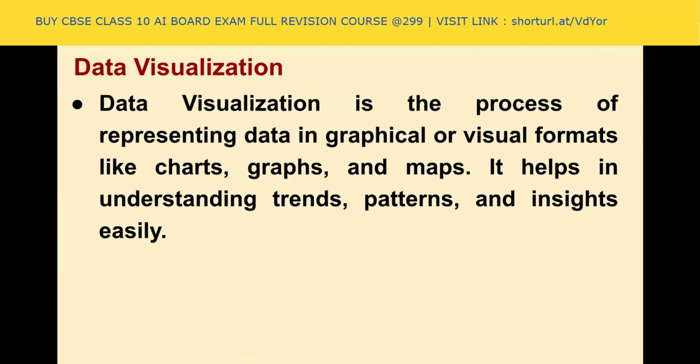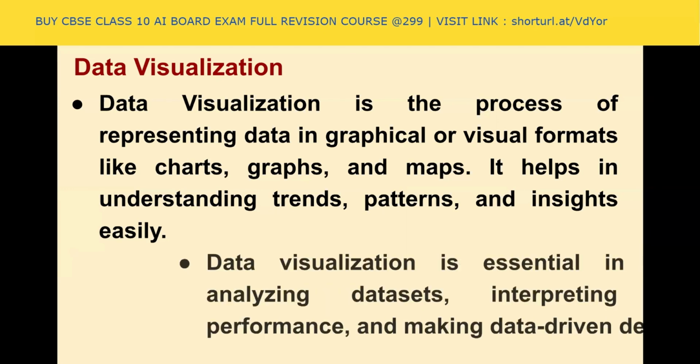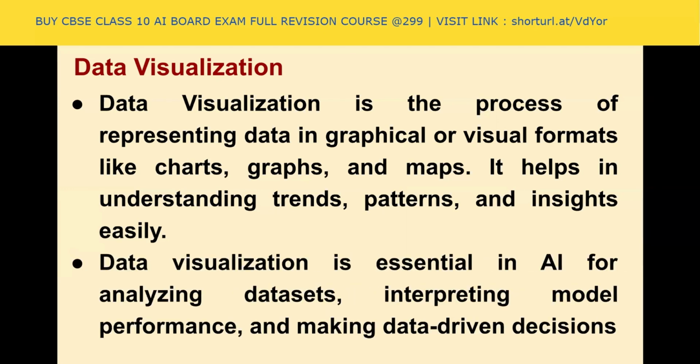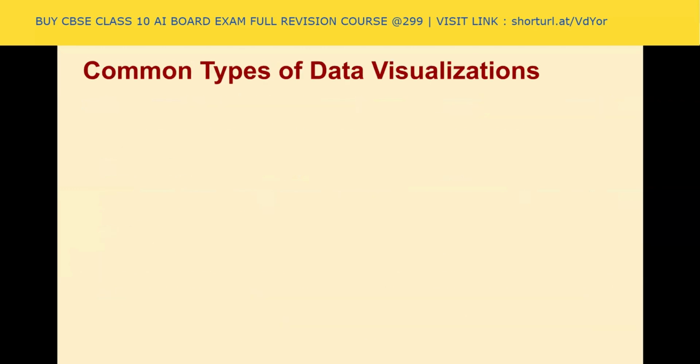If different states are there, and some crop or product, you will know which state has the highest and which has the lowest by looking at that pie graph. Data visualization is essential in AI for analyzing data sets, interpreting model performance, and making data-driven decisions.